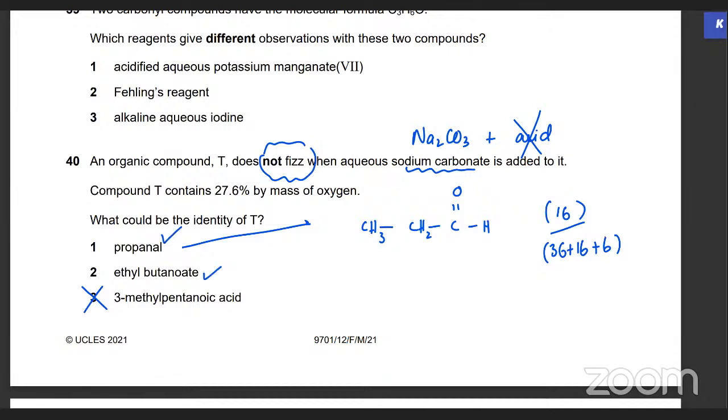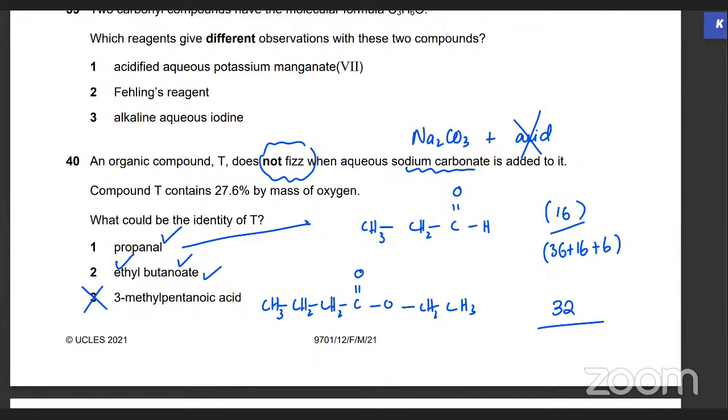What about ethyl butanoate? We have to figure that one out. That's an ester. Ethyl, that's 2 carbon atoms on the single O side, and butanoate is 4 carbon atoms on this side. So you have to figure this one out. So CH2, CH2, and this would be CH3. Anyways, 2 oxygens, so that's 32, divided by the whole thing, which is how many carbons? That's 6 carbons in total.